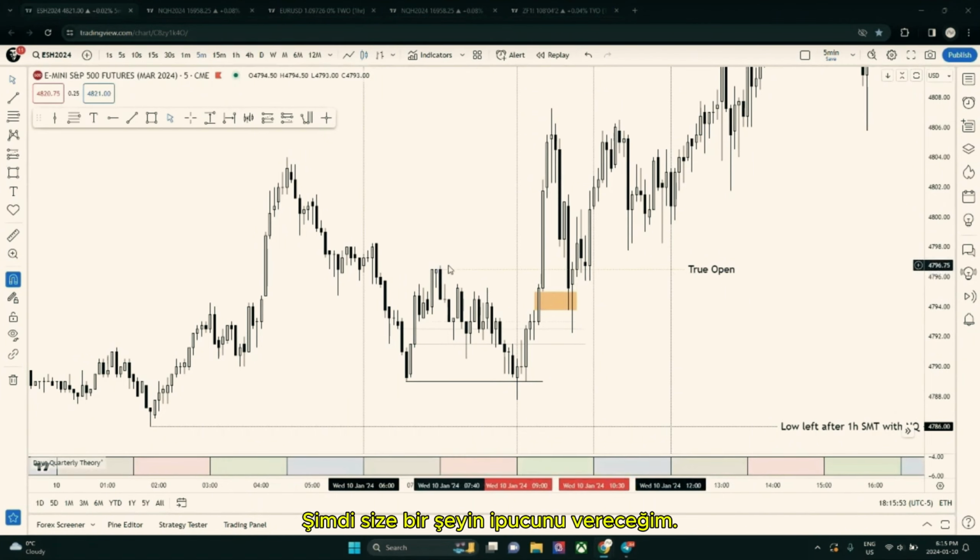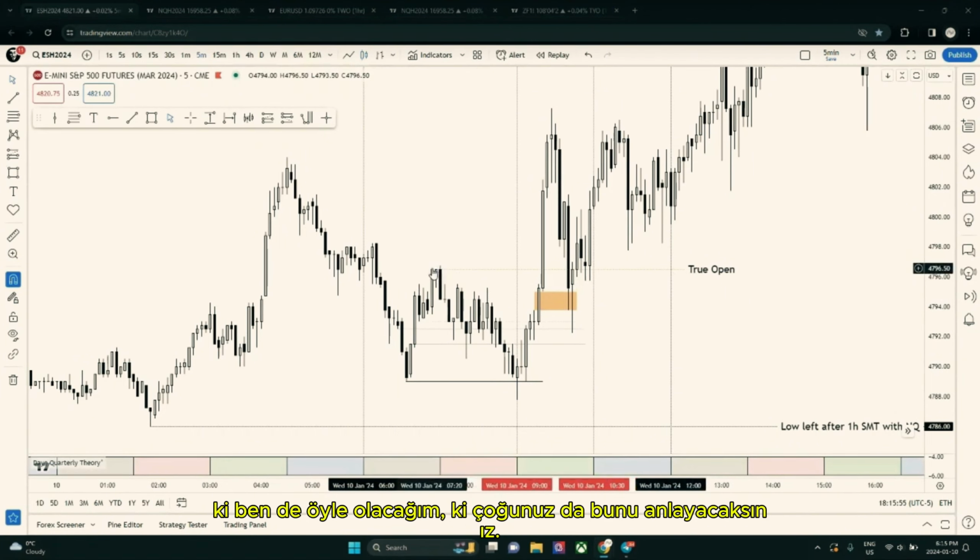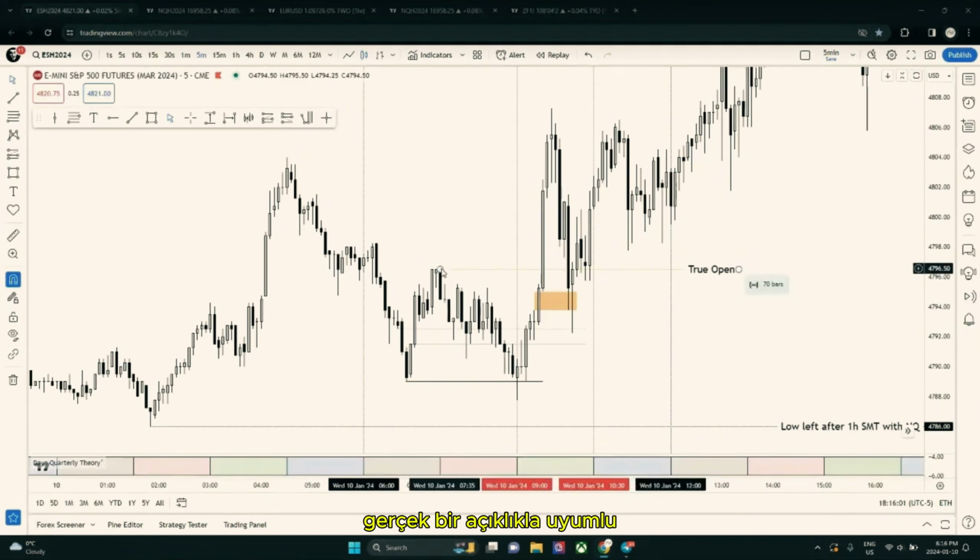I'll hint at something right now, which most of you will get, if not all: whenever you have a true open that aligns with a breaker, that breaker is high probability. That's a real high probability breaker, right? That is time-based. This is a time-based breaker right here. Wasn't planning to talk about this right now, but there you go. We'll go into great detail further.